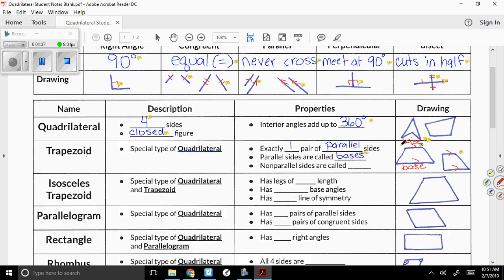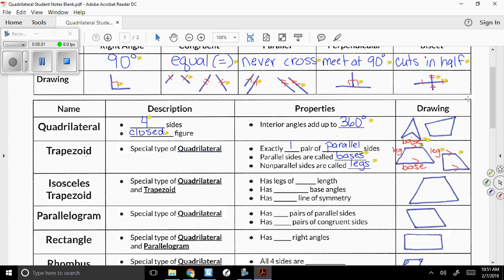So if I ever talk about the bases of a trapezoid, that's what I'm talking about. Now let's talk about the non-parallel sides. So those ones that we said were not parallel, they are called legs of a trapezoid. And it seems kind of silly, but that's what they're called. So the legs are the ones that would run into each other if I kept drawing that line.